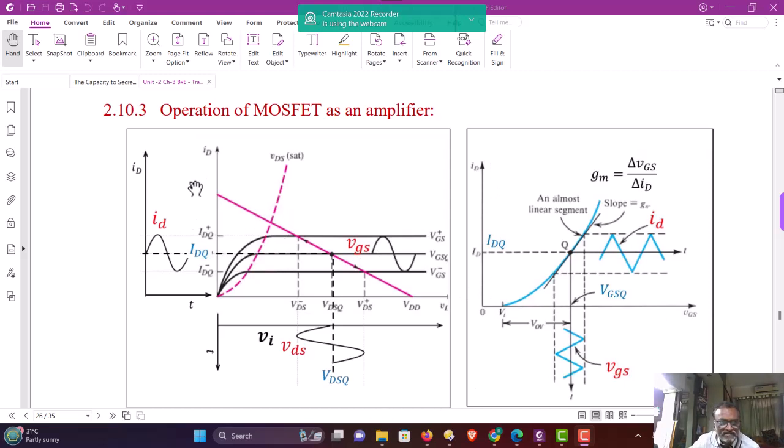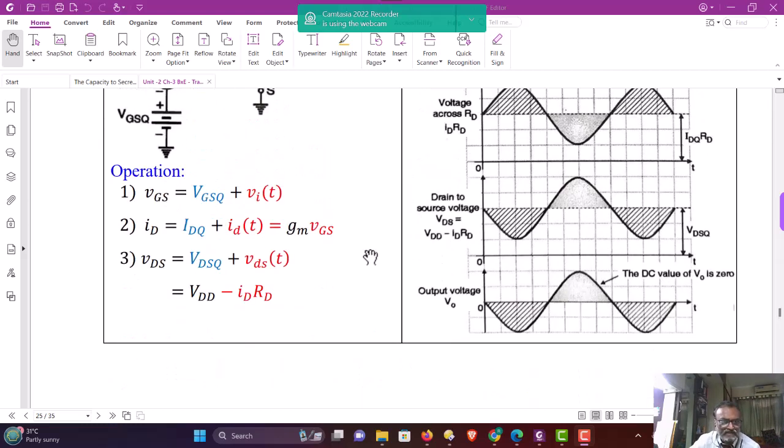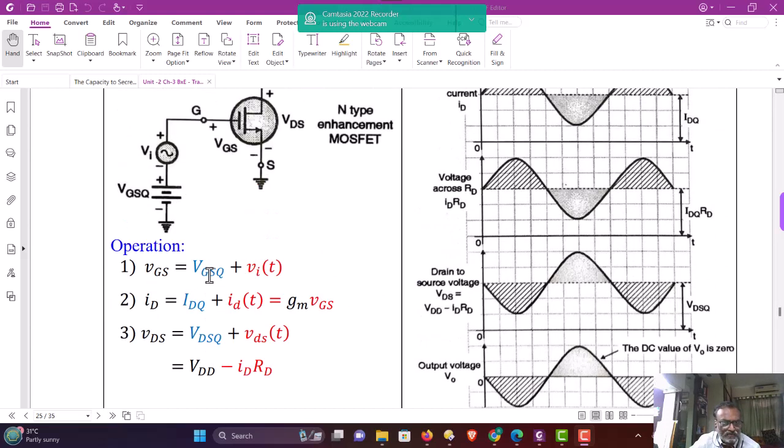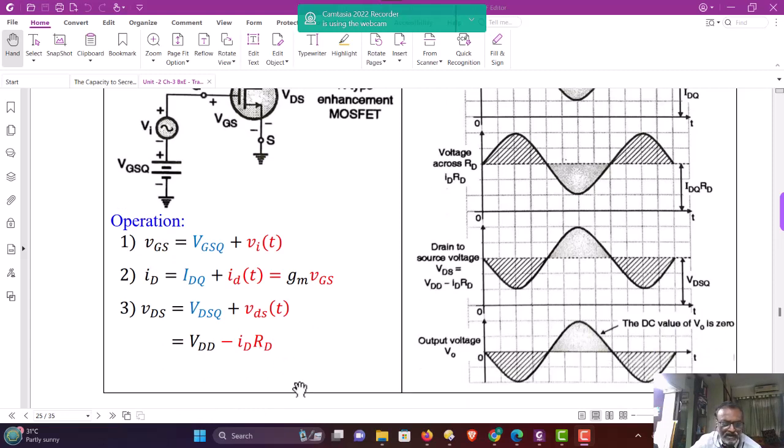The output characteristics are VDS versus ID. These characteristics are shown here. Then, as per the equation, from this circuit of the amplifier, VDS is equal to VDSQ plus vds(t), and that is equal to VDD minus ID into RD.